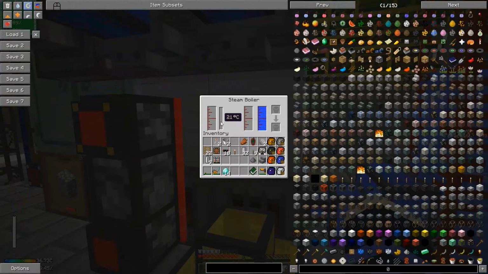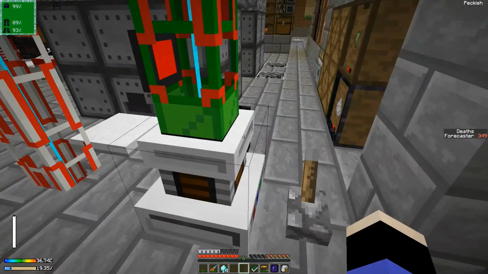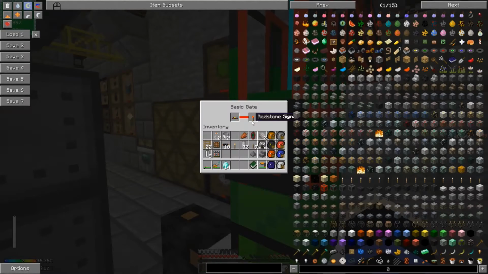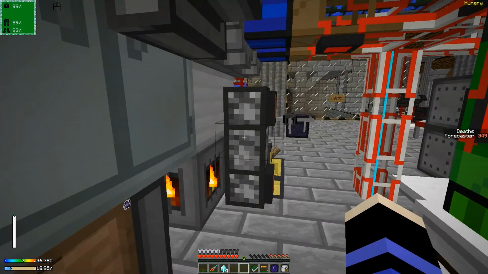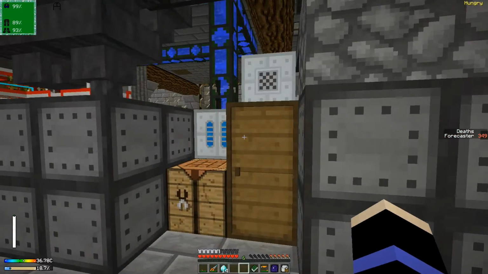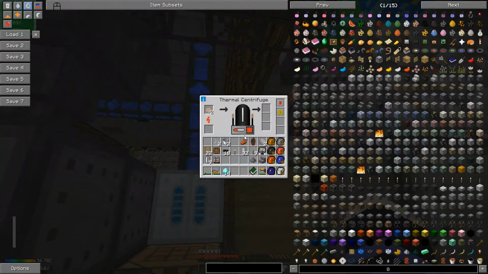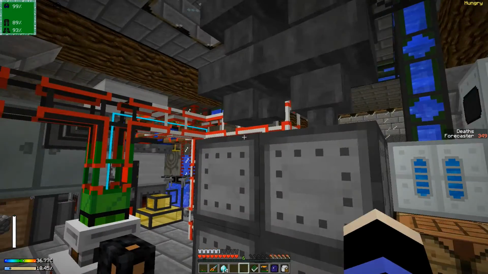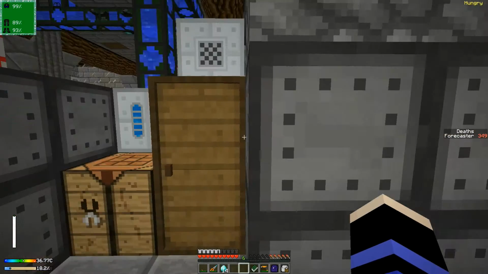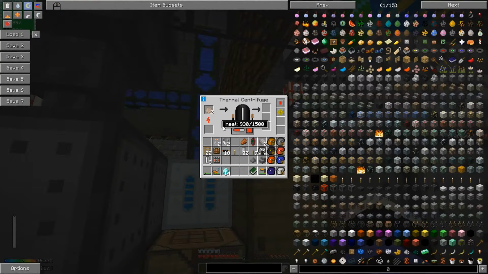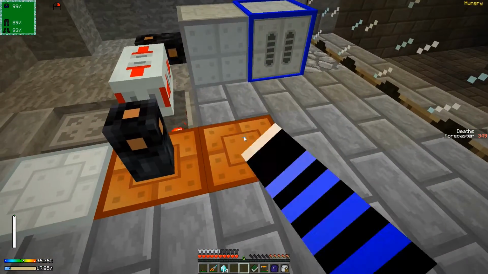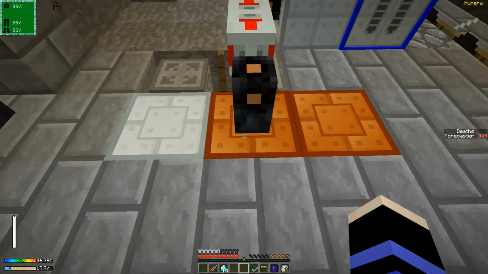It's going to take a while to heat up, of course, but we can leave this on for now, and it is going to be worth it to process all of this ore, because it's going to take ages to do without the engines powering the rock crushers, or this rock crusher, and the turbine powering these, because these are going to run out of power eventually, because they are going to start draining my power banks here like crazy, probably.